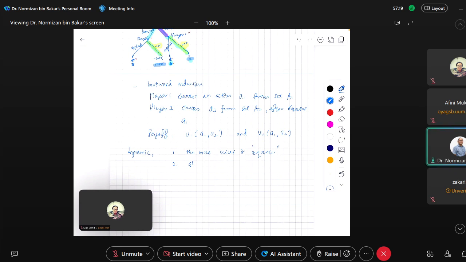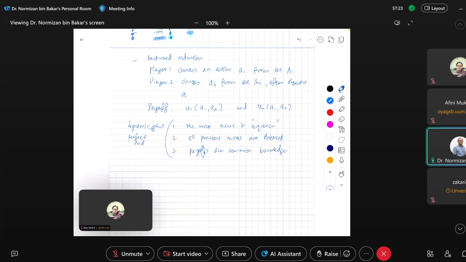If the game is like this, they move in sequence, players know all the moves of others, and the payoff is common knowledge. Okay? So if this is the setting of the game, then we call it dynamic, with perfect information and complete information.